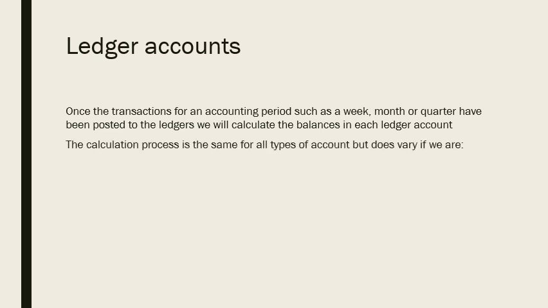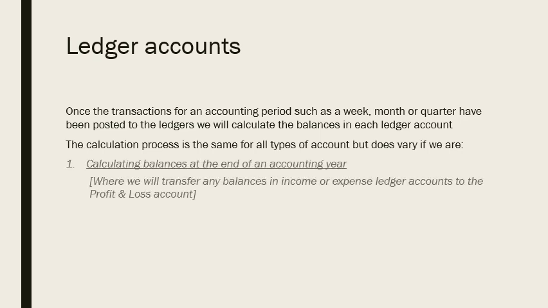Now, how we go about doing this is the same for all different types of accounts. So it's the same for an account in the general ledger as it is for an account in the sales ledger and in the purchase ledger. But the process does vary slightly depending on whether we're calculating balances at the end of an accounting year.